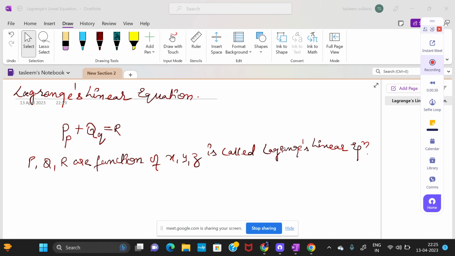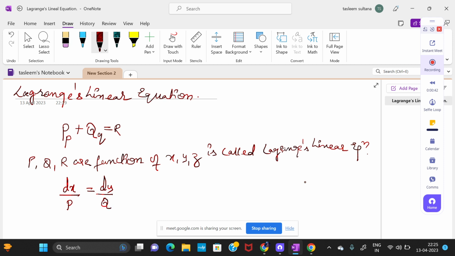The way of writing it is dx divided by capital P is equal to dy divided by capital Q is equal to dz divided by capital R.